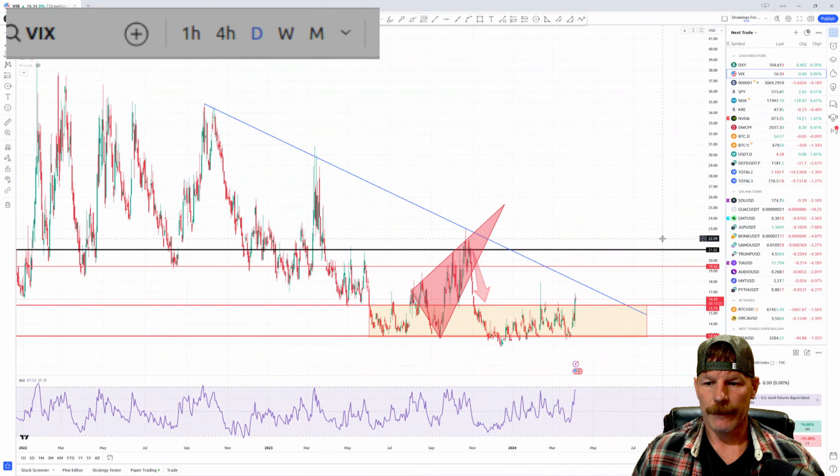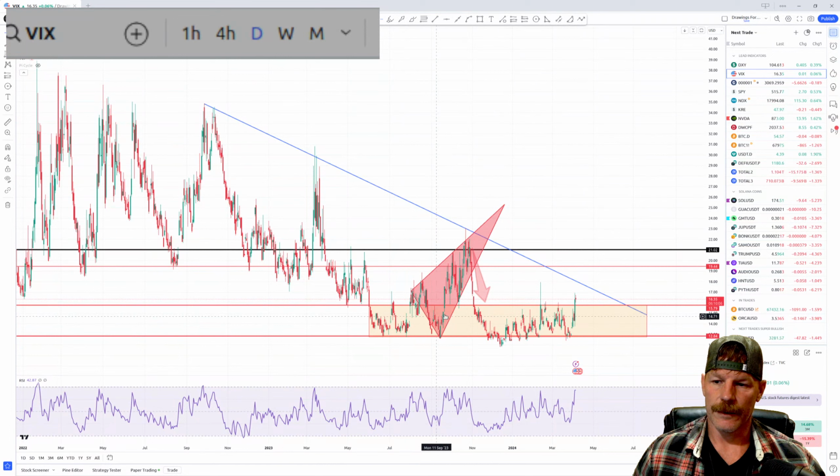Before we do that, I've pulled up the VIX chart, and you can see since May of 2023, so going on a year now, we have remained inside of this sideways channel, with the exception of a couple spikes. But again, these spikes turned out to be bearish, as you can see by this ascending wedge, which is a bearish indicator.